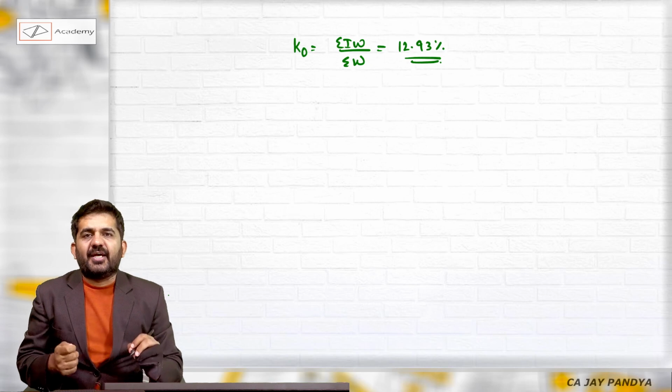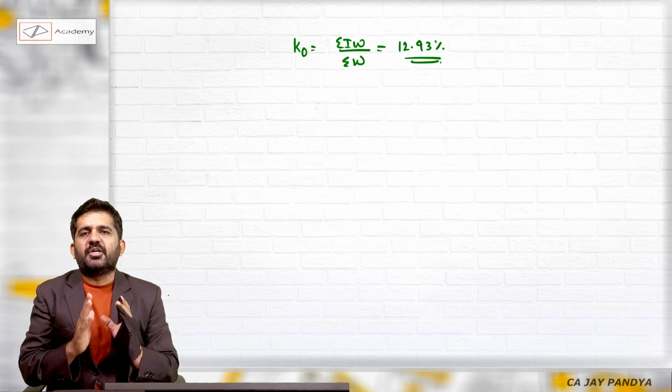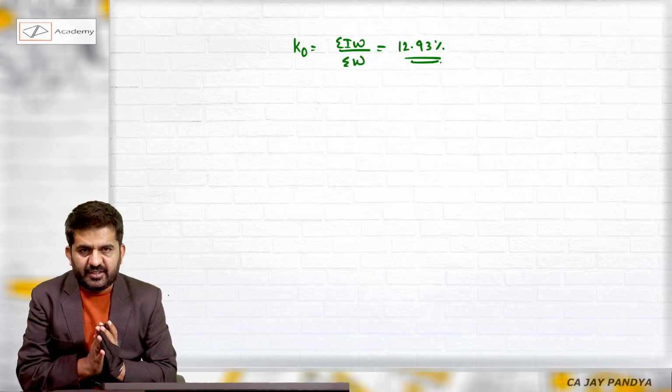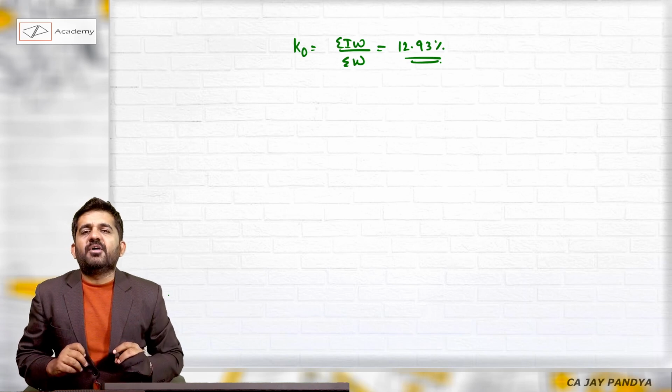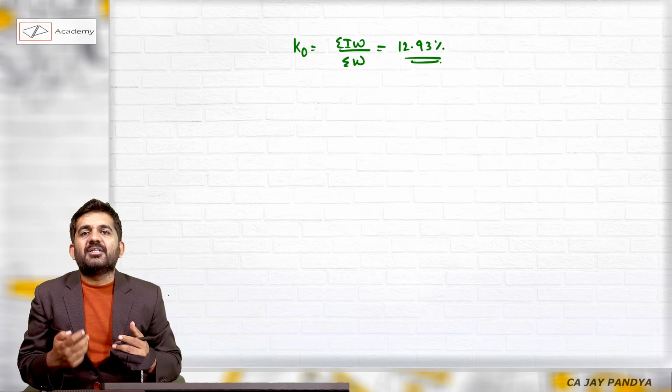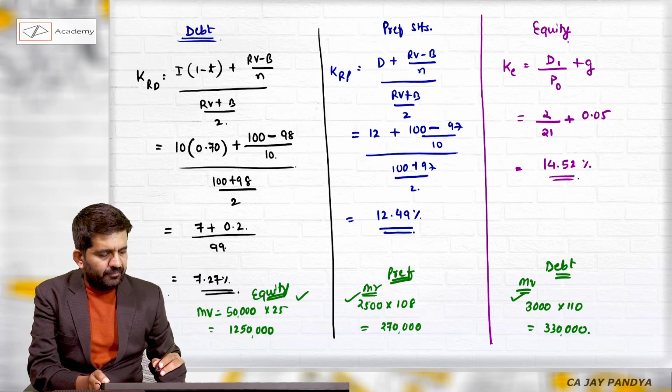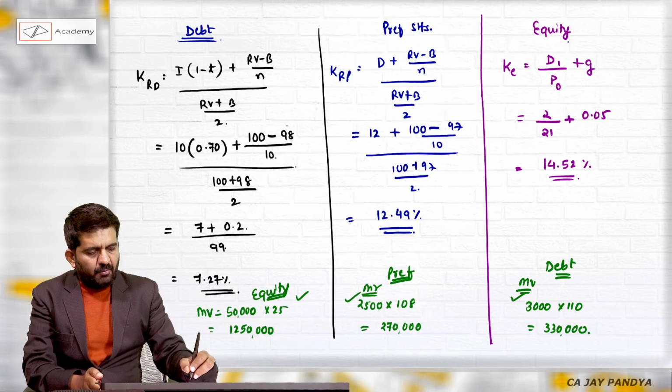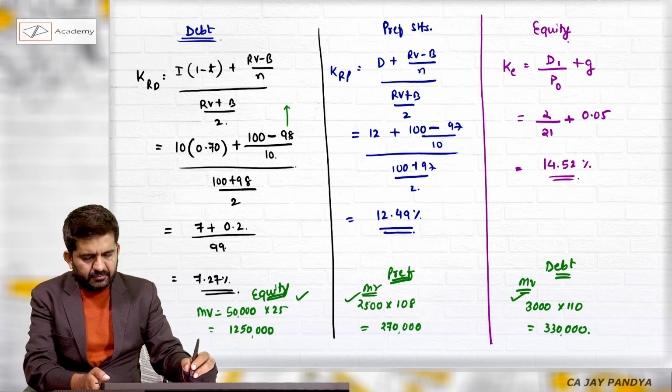The question arises, and this is one of the most difficult questions faced by students: Sir, even if market value is given, why are we not considering that market value over here in borrowings? How did I find this out?